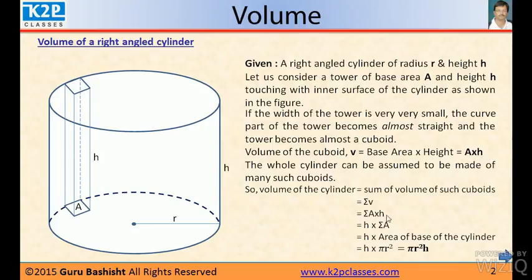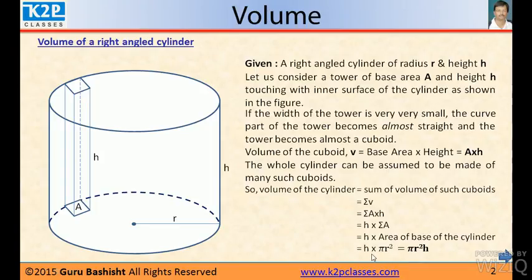H can be taken as constant since it is the height, and height of any cuboid will be H. So it is taken out of the sigma sign, and then sigma A. Sigma A means sum of area of the base of the cylinder. So all the base if you add, it should be area of the base of the cylinder, and that is nothing but pi r square.